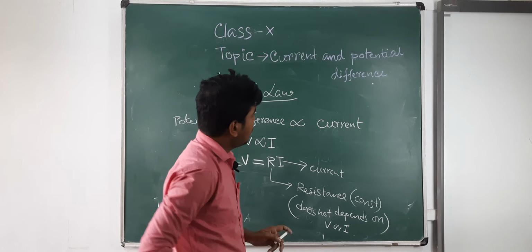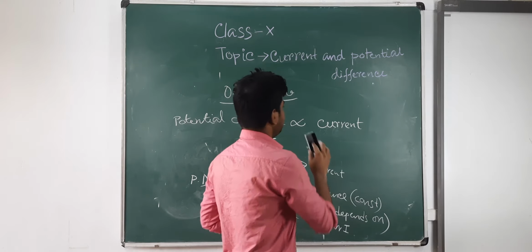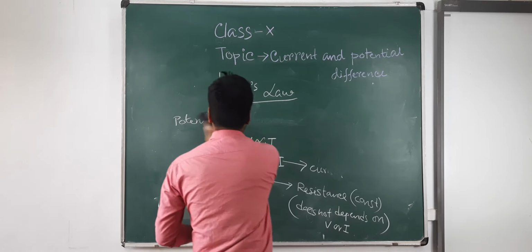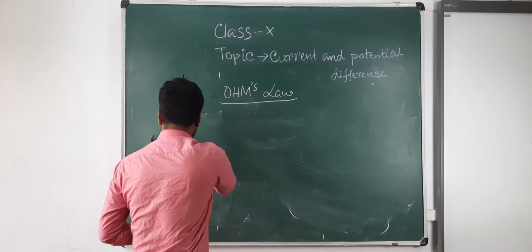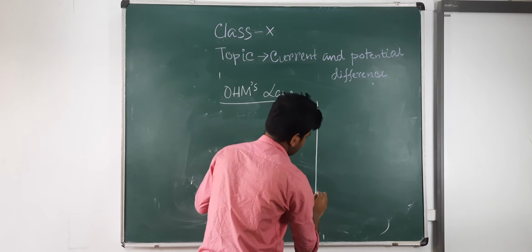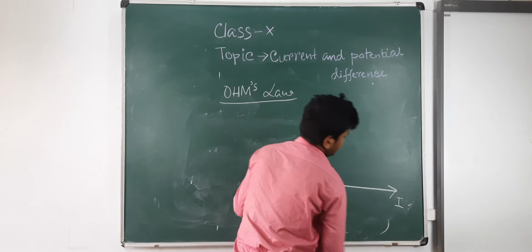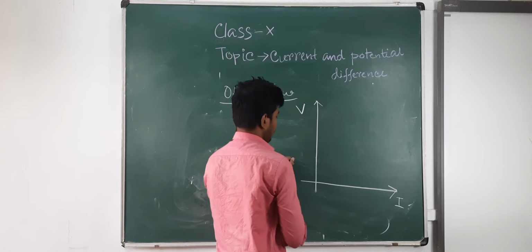So suppose we draw a graph of current versus voltage. Suppose on the x-axis we consider current and on the y-axis we consider voltage.